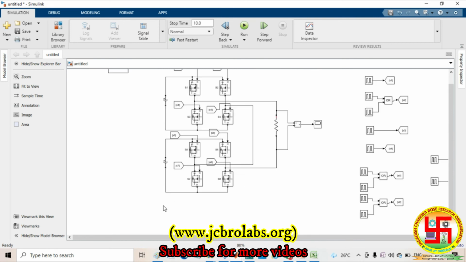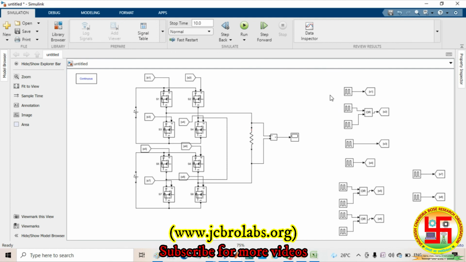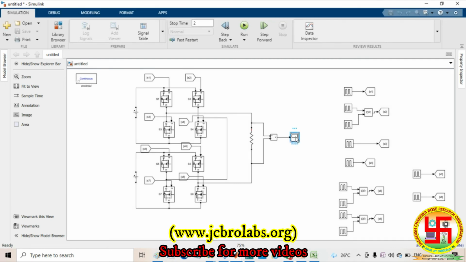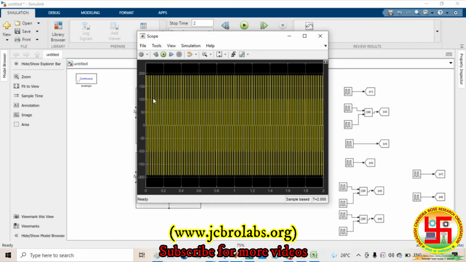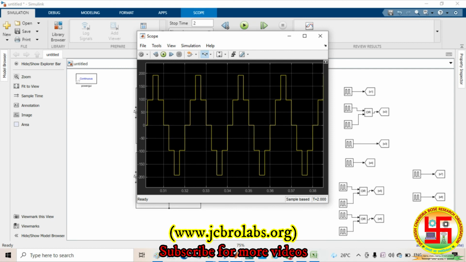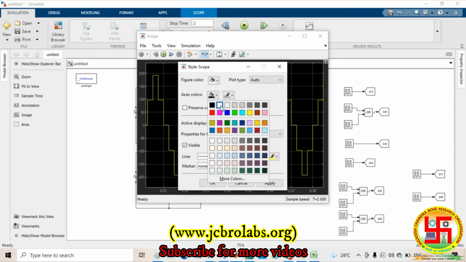S8. So now if you run the simulation, these are the gate pulses. So if you run the simulation, let's see how it will be, whether we are getting the gate pulses. You can see here. Now I can see here, you got the 5 level.